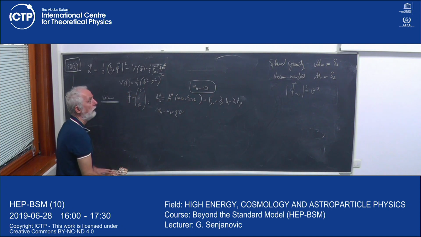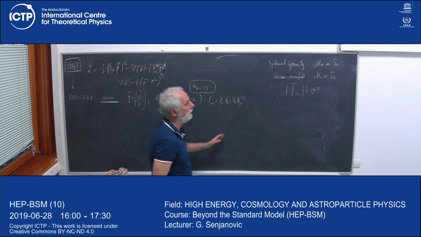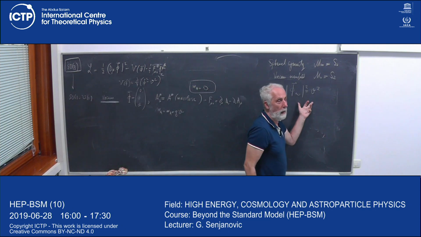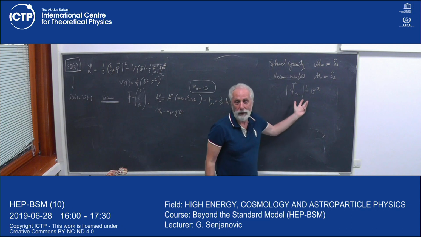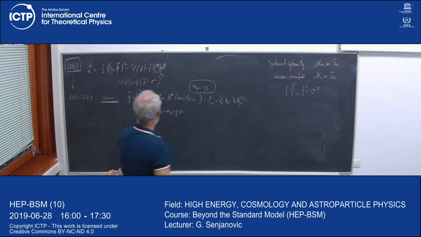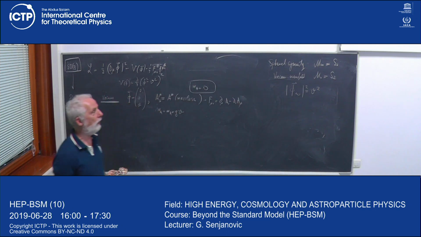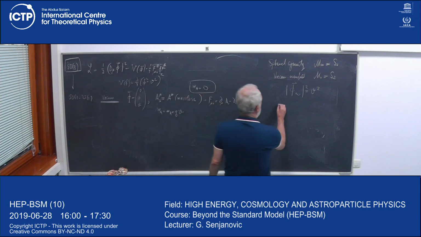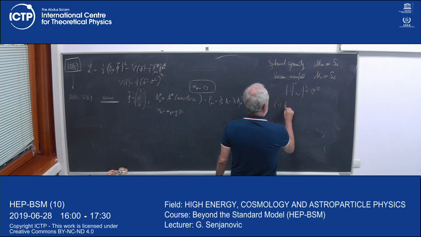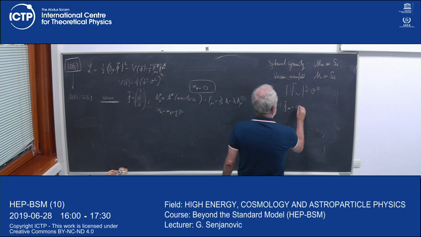Now, when I say that I'm looking for a solution like this, I can choose, obviously, phi infinity is this. Okay, now I have options. So, first option, phi infinity is V 0, 0 in the third direction.